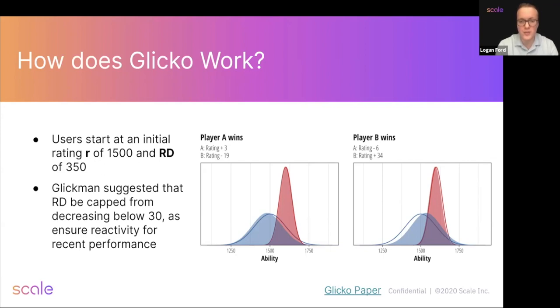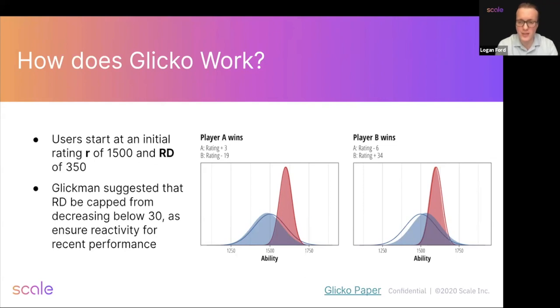You'll notice in the player A wins case, player A is expected to win because they have a much higher rating with lower RD. So we're much more confident that they have a higher rating than B. Them winning is pretty expected, and their rating only increases by 3, while it decreases player B's rating for losing by 19.